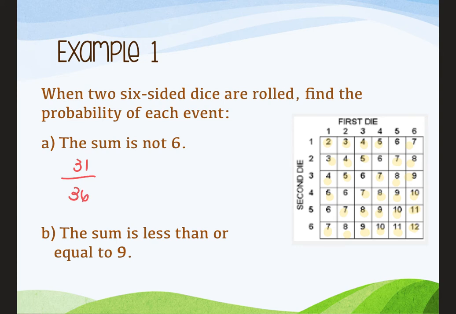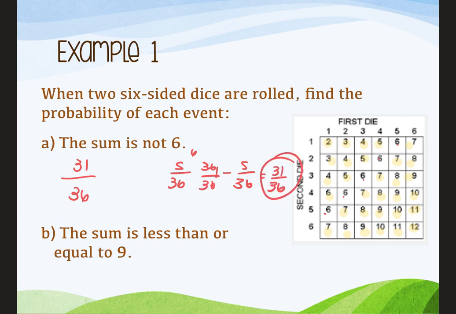That's the answer, okay? But sometimes it's faster to find what you don't want and then subtract it from 1. So let's say the sum is 6. It's 1, 2, 3, 4, 5. There's 5 of them. 5 out of 36 is 6. So I would do 1 minus that, and I get 31 over 36.